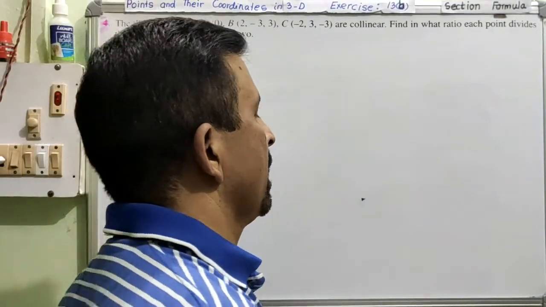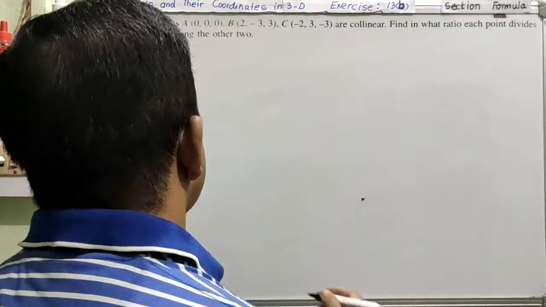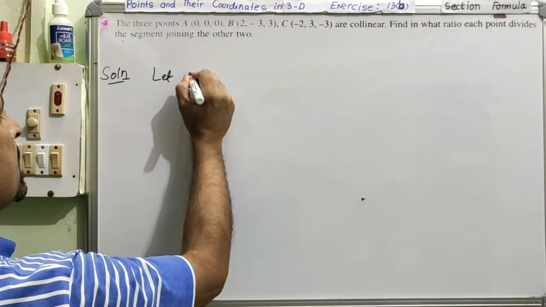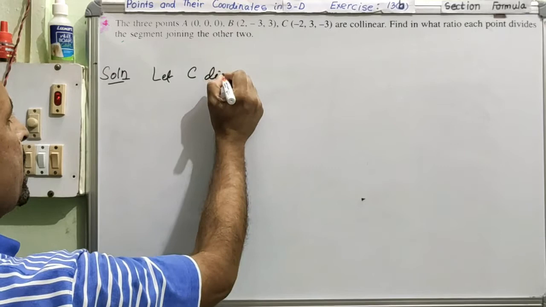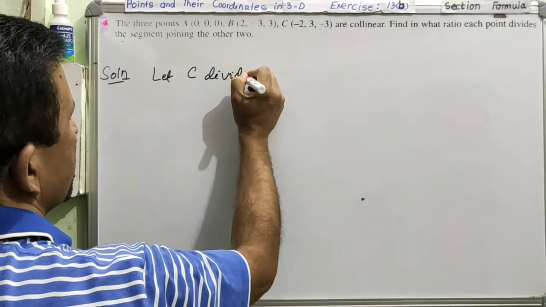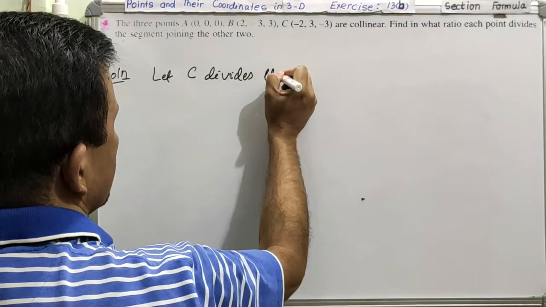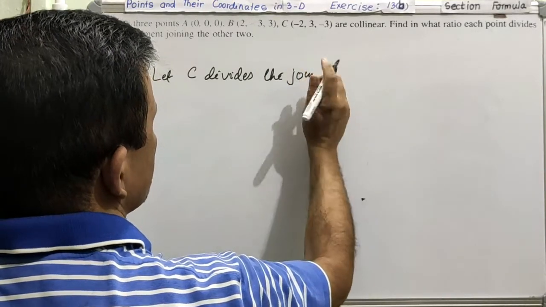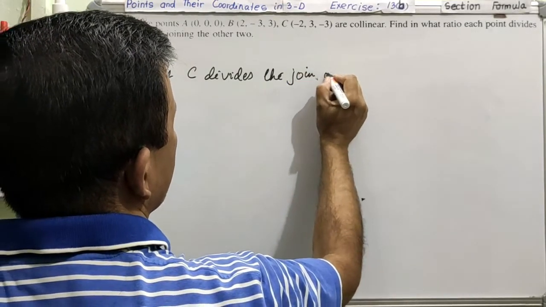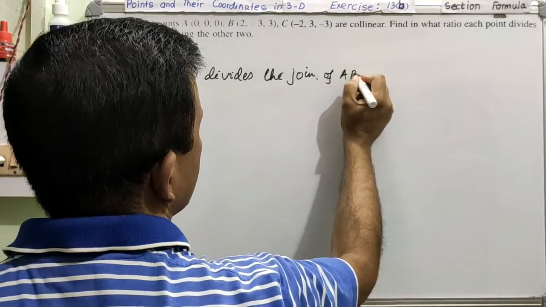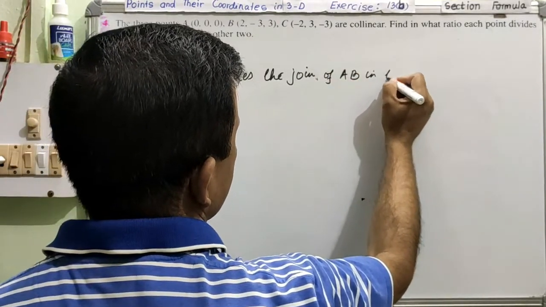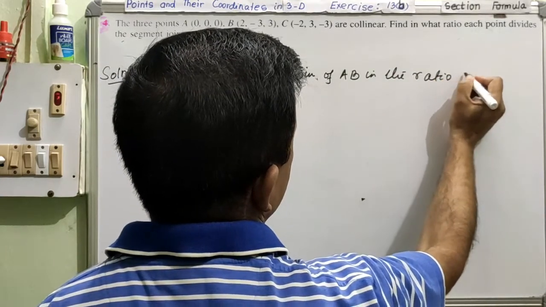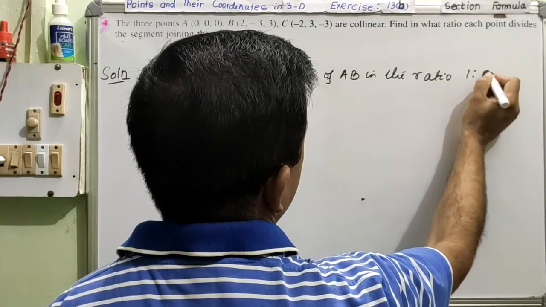Let us say that C divides the join of AB in the ratio 1 is to k.